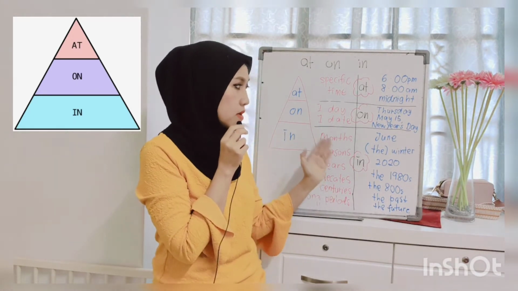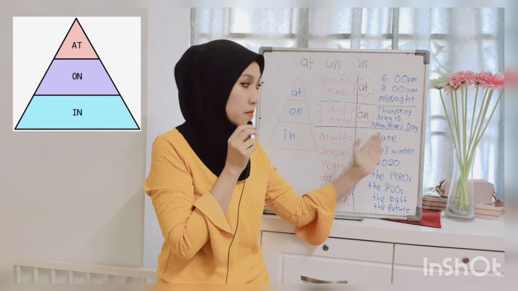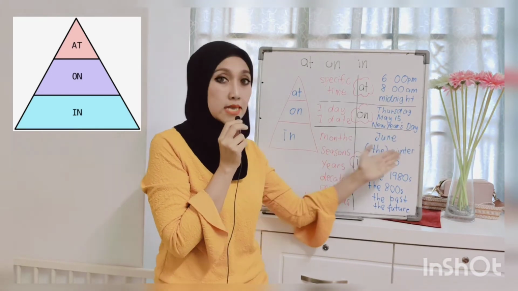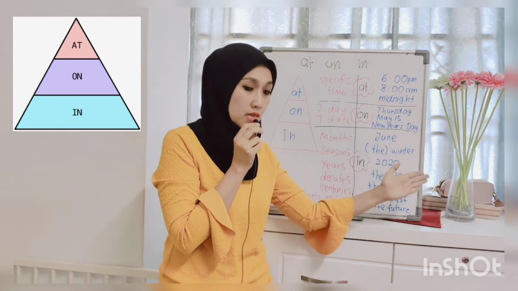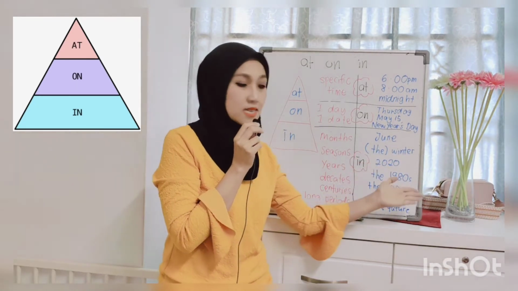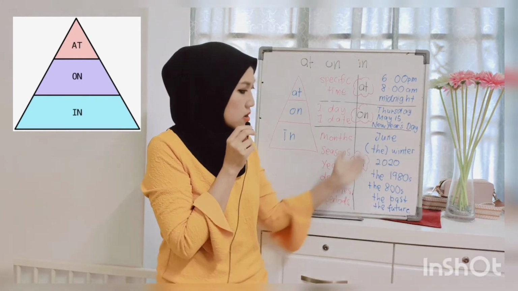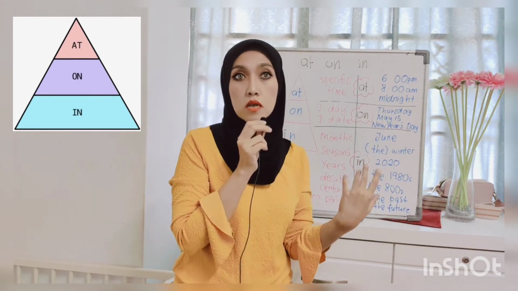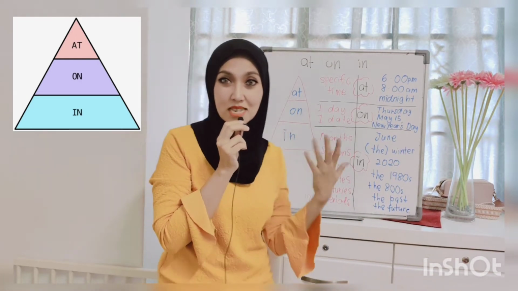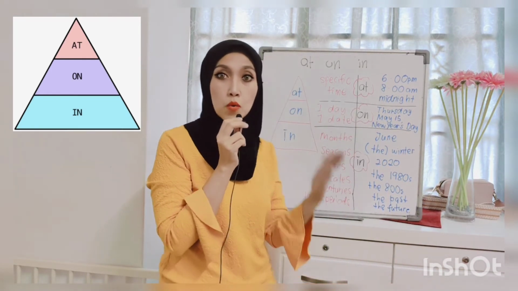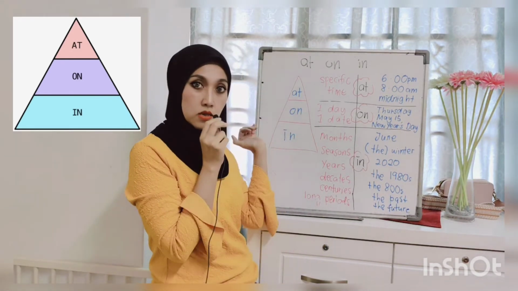For example, in June, which is a month, in the winter, in 2020, in the 1980s, in the past, in the future. These all show something in a long period of time, so you use in. Now it's easier for you to see, right? At least you have something to refer to when you want to use these three.